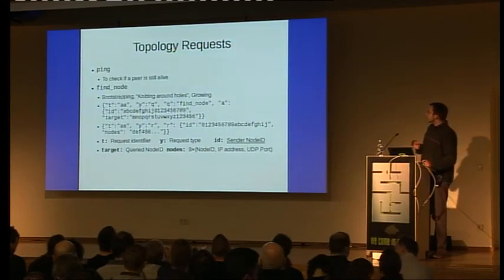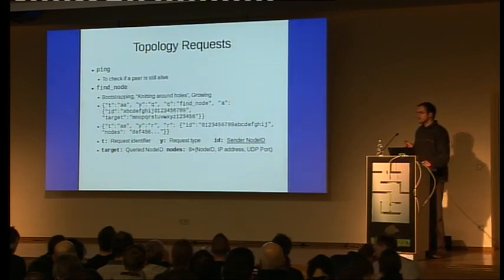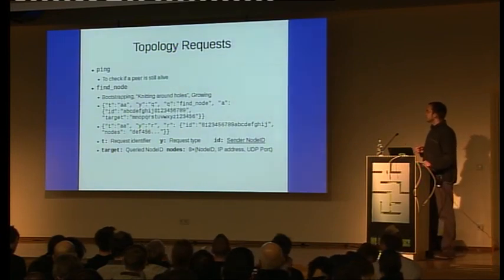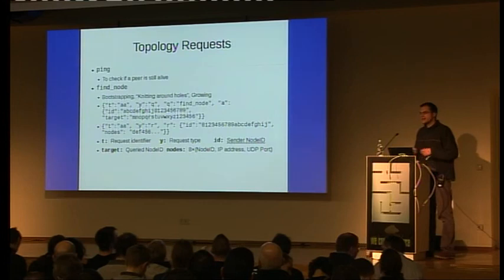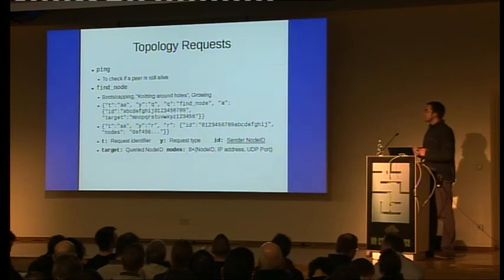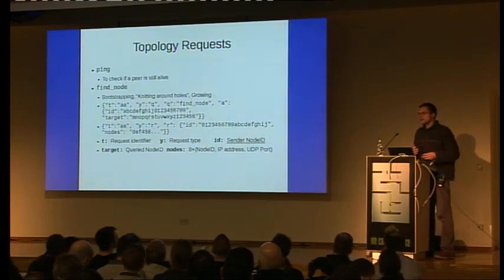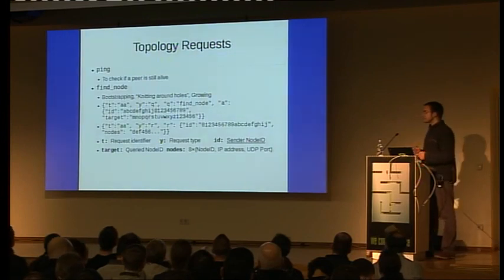So the interesting request, the interesting operation, is find node, for bootstrapping, finding your place in the DHT, for knitting around holes, and of course to grow the DHT.